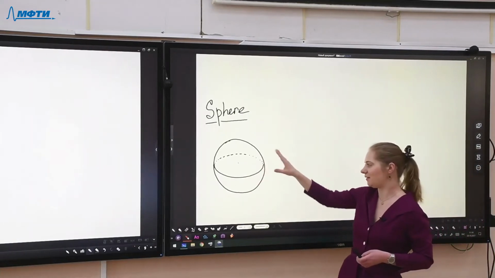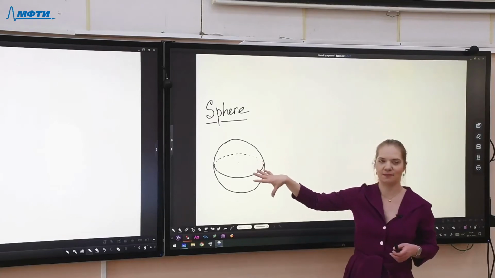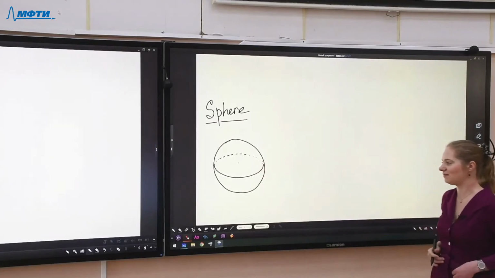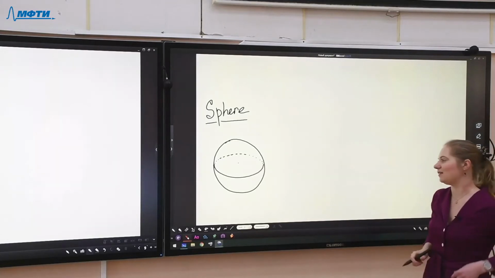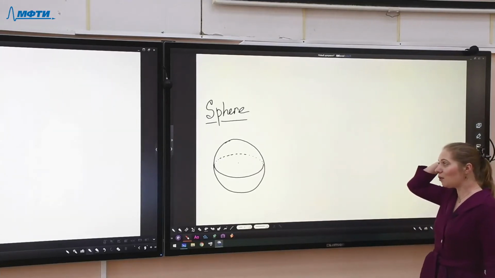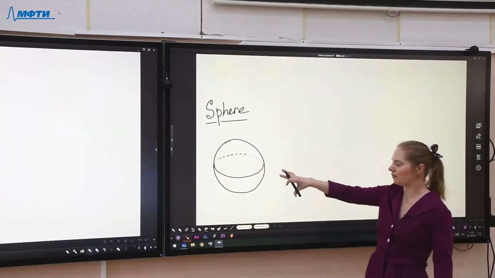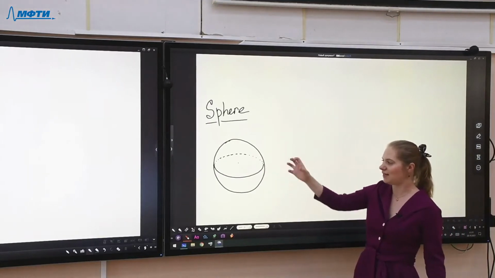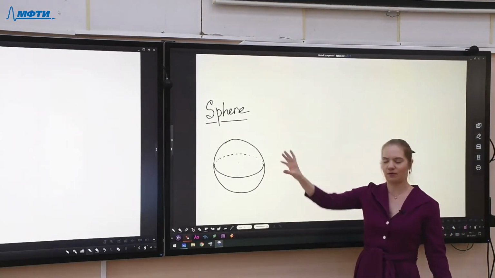Sometimes it is a surface and an inner side. So it is like we decide. So we will consider a sphere as a ball.